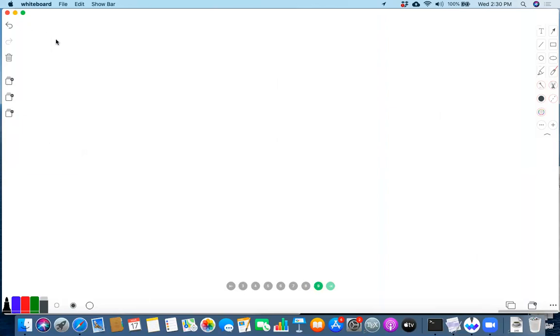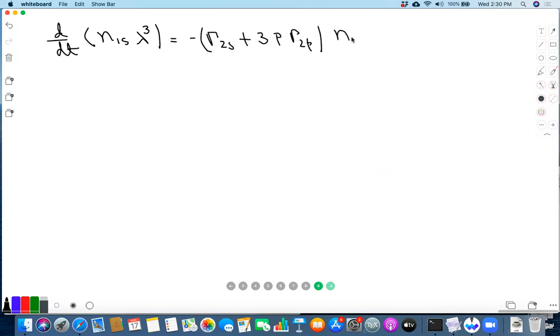So let me write this equation again. d/dt of n1s lambda cubed is minus gamma 2s plus 3p gamma 2p times n2s lambda squared. Yes, go ahead, please. After a lot of time, what do we really expect?